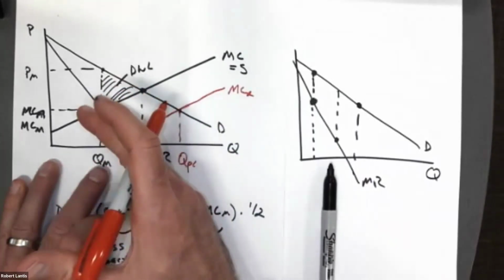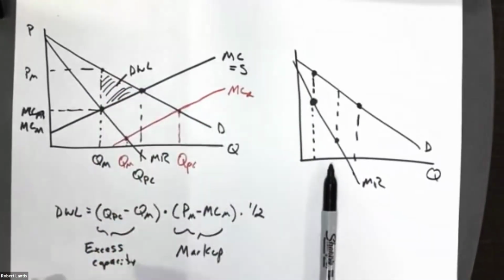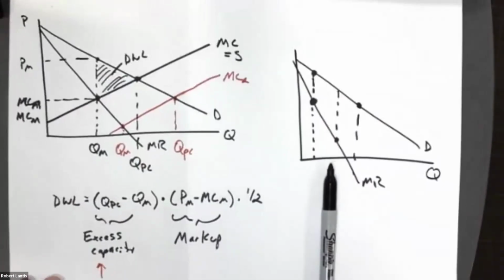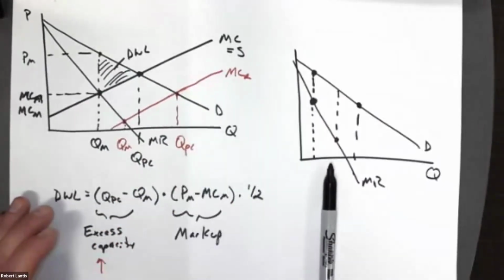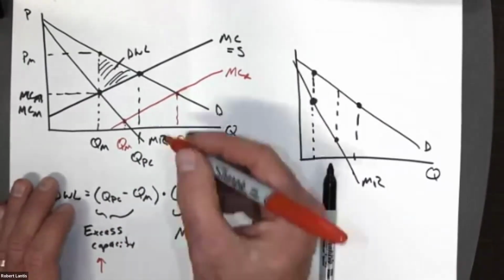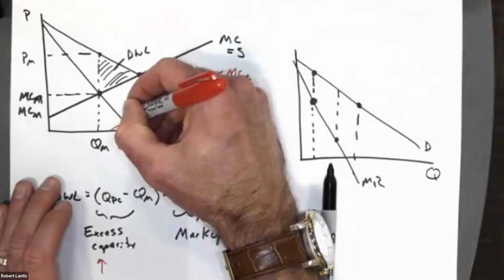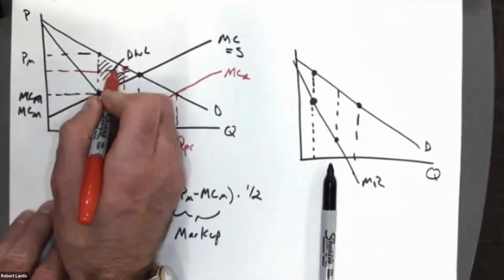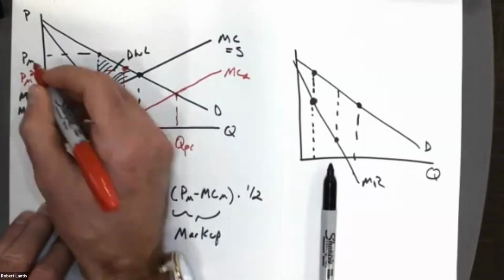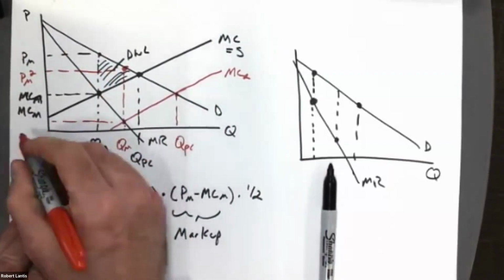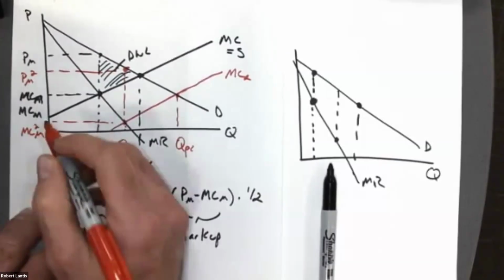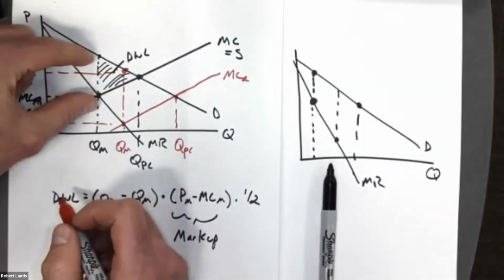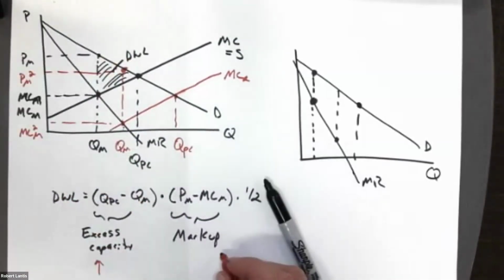The fact that this is twice as steep, so our excess capacity is going up, right? We're producing even fewer units relative to that perfectly competitive point. And what's happening to our markup? That difference in between price and marginal cost is also getting larger.